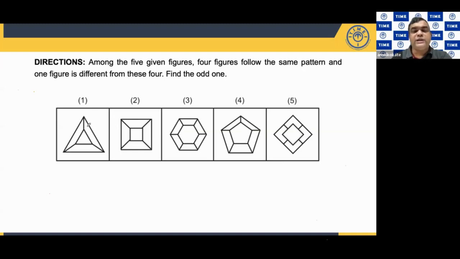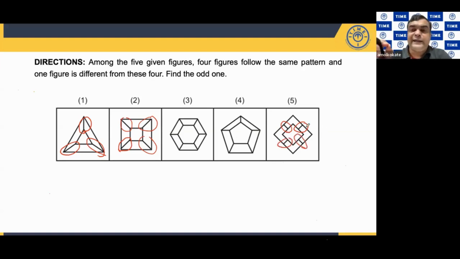The only noticeable part is what you're joining. The lines you see in between are joining corner to corner. But if you look at the last figure, can you see here? You're joining side to side. Those lines are joining sides.